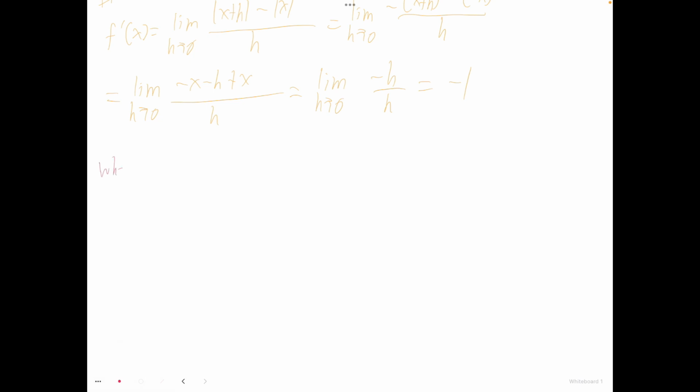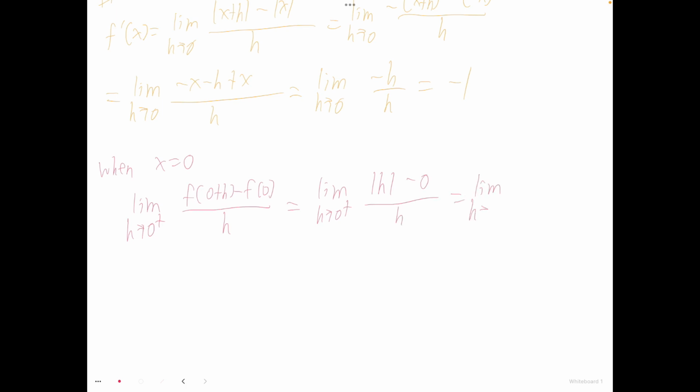So now when x equals 0, we have the limit as h goes to 0. Now we're going to do it from the right and from the left, because it's going to depend on if h is positive or negative. This would be f of x plus h, but x is 0, so we have 0 plus h minus f of 0, divided by h, which is the limit as h goes to 0 from the right of the absolute value of h minus 0, divided by h.